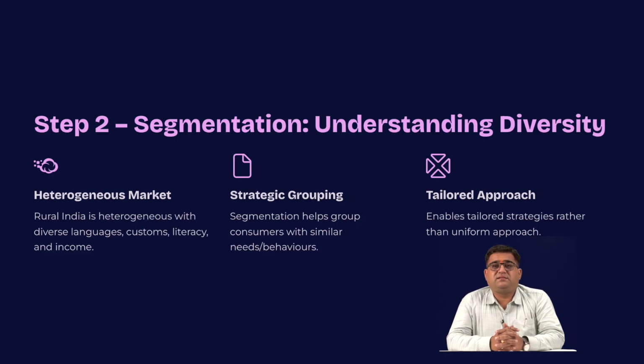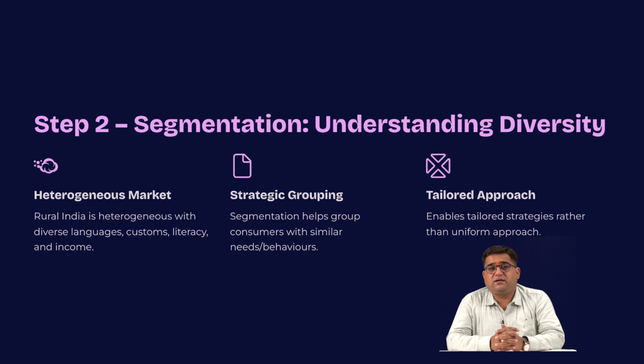For instance, research by smartphone companies revealed a strong desire among rural youth for affordable smartphones, which directly informed their product and pricing strategies. Following comprehensive research, the next logical step is segmentation.